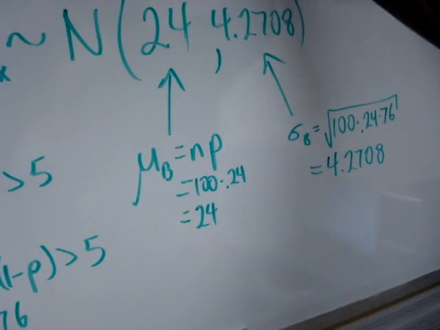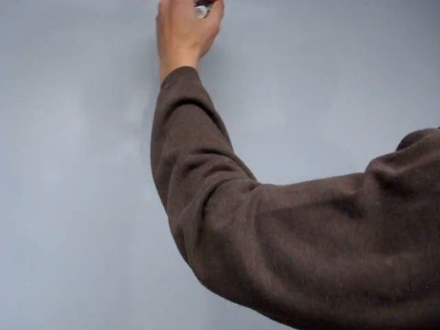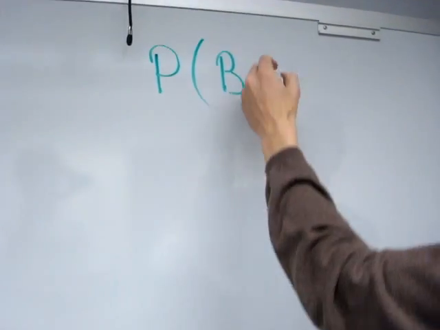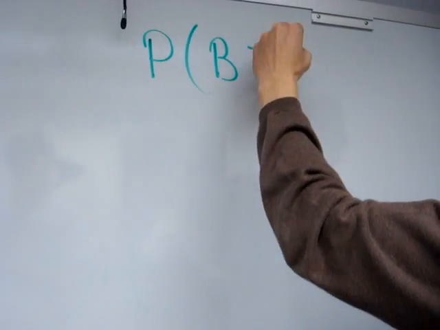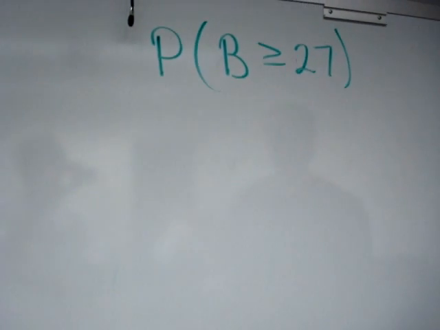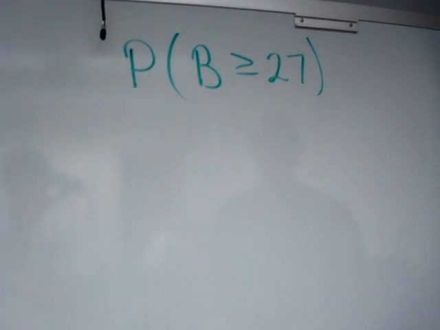Okay? So now let's go ahead and see if we can solve the problem that we're asked to do. We want to know the probability, if you do a random draw of 100, what's the probability that you get 27 or more blues? So this is what we're trying to find.